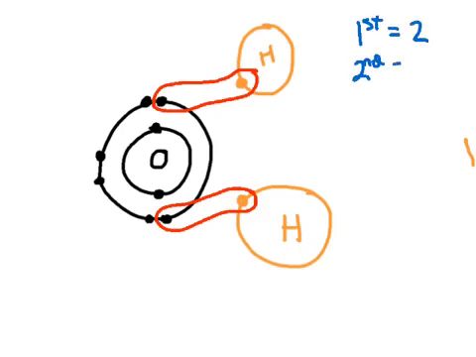The second wants to have 8. So let's count them up. Oxygen has, in the second energy level, 1, 2, 3, 4, 5, 6, and then you got to count this one, 7, and this one, 8. All right. By sharing with 2 hydrogens, oxygen gets 8 electrons in its level.